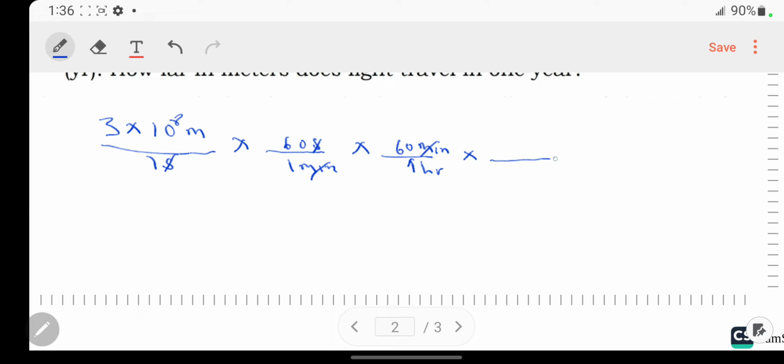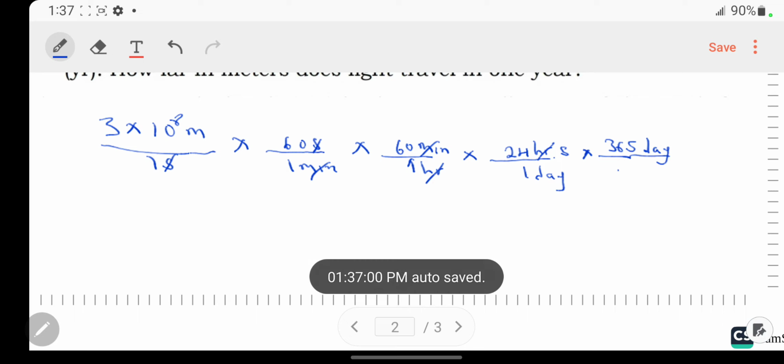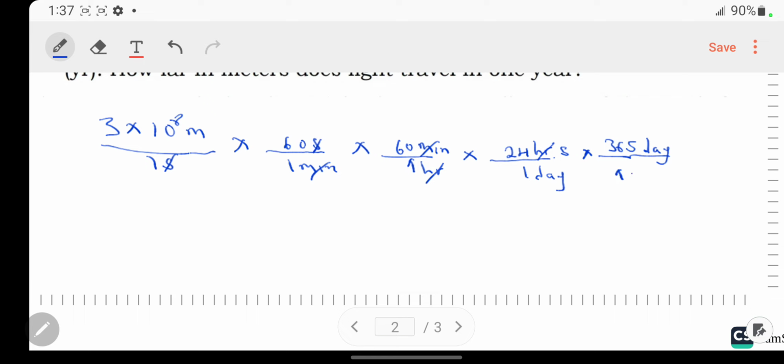Then this hour into a day, so there are 24 hours in 1 day. Finally, we can convert the days. There are 365 days in a year. So now, as you have seen, all we are remaining with is the distance traveled by light per year, since year is the only unit that is showing.